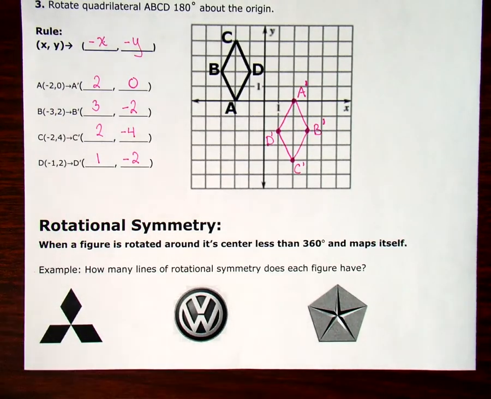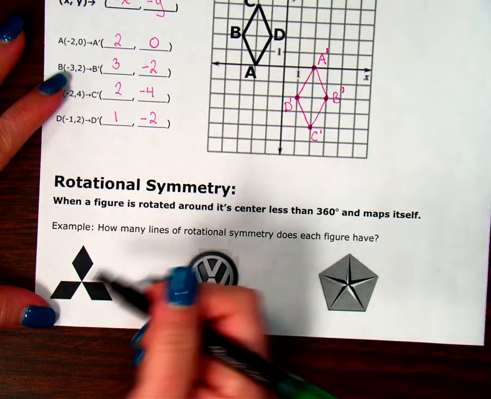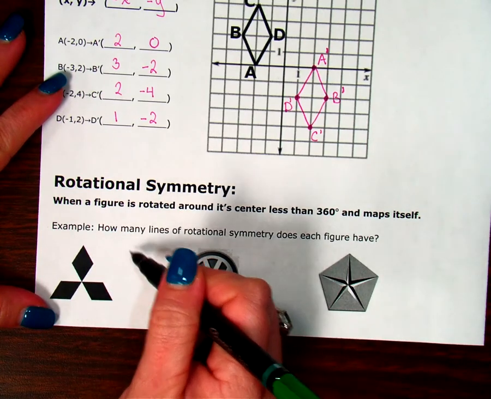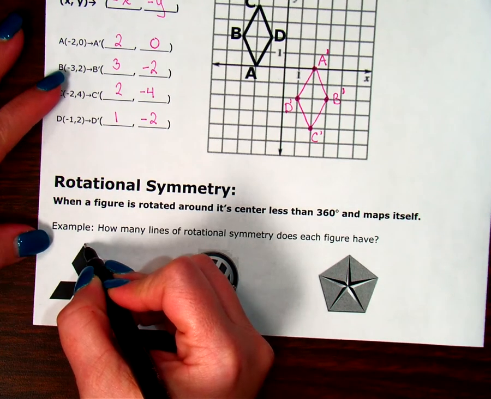Remember yesterday, or in the last lesson, we talked about reflectional symmetry. Today we're going to talk about rotational symmetry. A figure has rotational symmetry when it is rotated around its center less than 360 degrees and maps onto itself. So basically, how many times can you turn this figure and land on itself all the way back to the beginning?